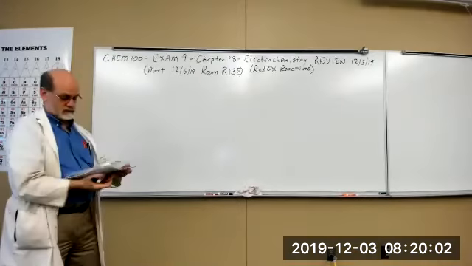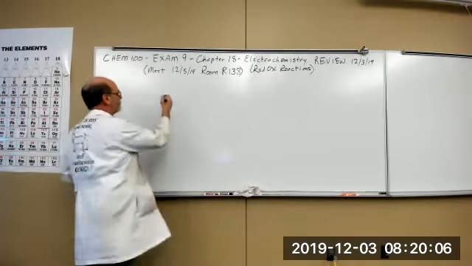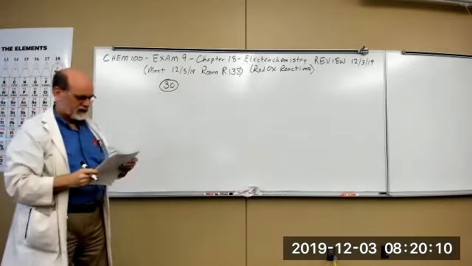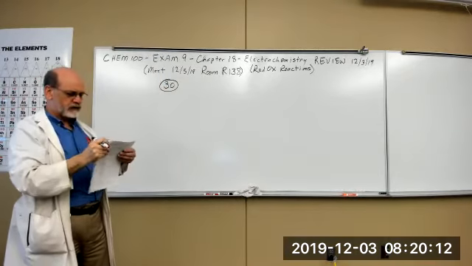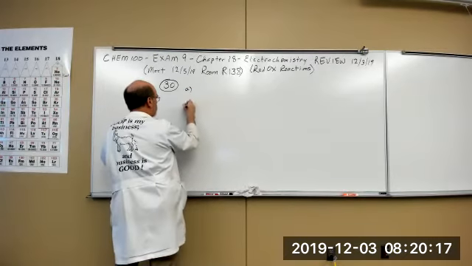Okay, let's see what else we can find. Oh, this is a good one, 30. So for each one of these compounds, we're looking for the oxidation state of nitrogen. So let's write all our compounds up here.